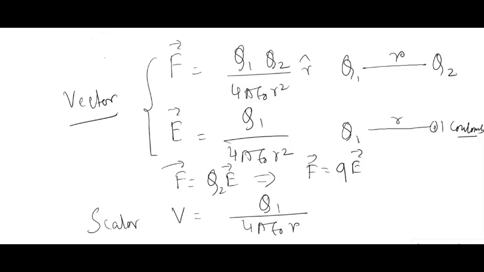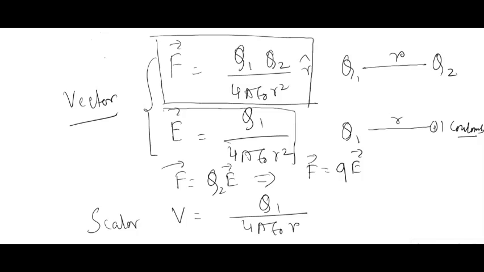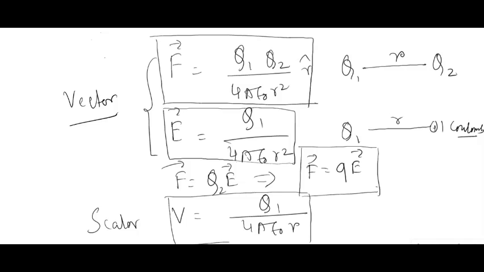So those important equations, I am boxing them: F, E, F is equal to QE and V is equal to Q1 divided by 4 pi epsilon 0 R. So this is today's class.